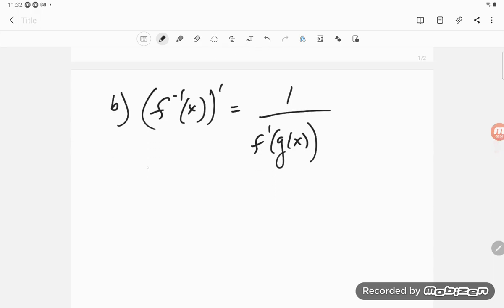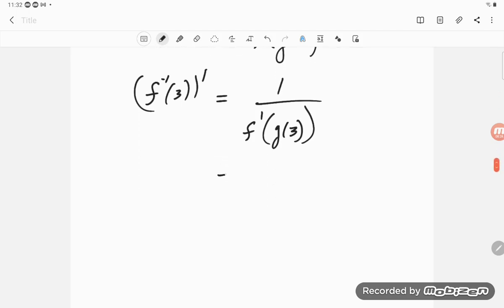So in this case, if I want the derivative of f inverse at 3, that is 1 over f prime of f inverse of 3, or g of 3.